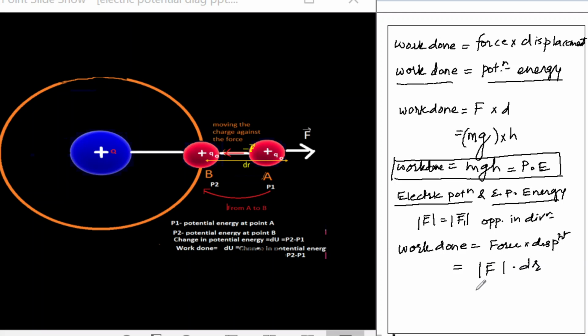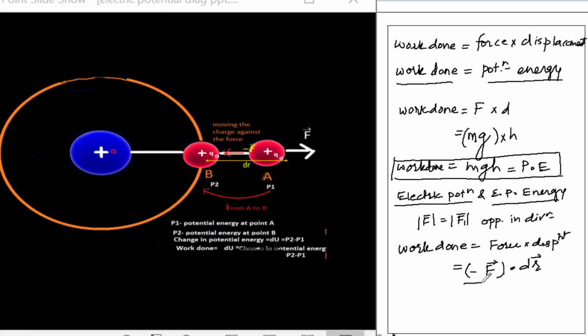It is dr. So work done is equal to F into dr. Here I'll write the force into displacement with a minus sign, which shows that the direction of this force is opposite to the electrostatic force.